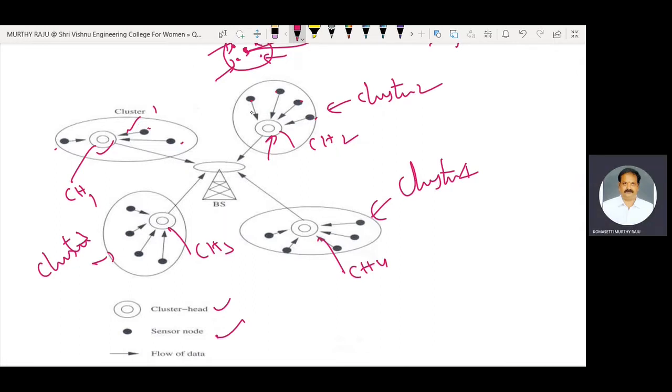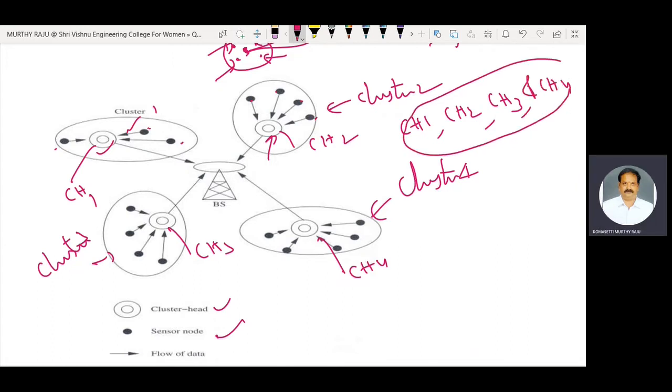CH2 has the ability to receive the information from the other sensor nodes or IoT devices in the cluster. CH1 is the cluster head for cluster 1, CH2 for cluster 2, CH3 for cluster 3, and CH4 for cluster 4. These 4 cluster heads in this IoT network have the responsibility to receive the information from the sensor nodes and send it to the base station directly.